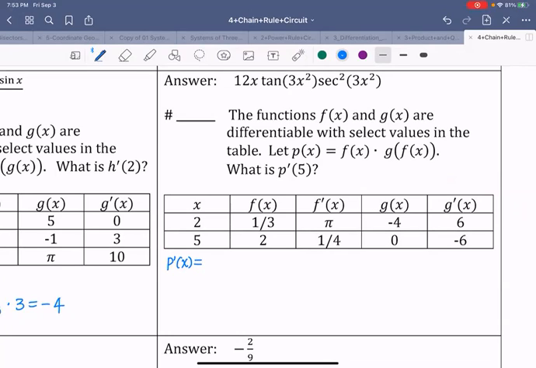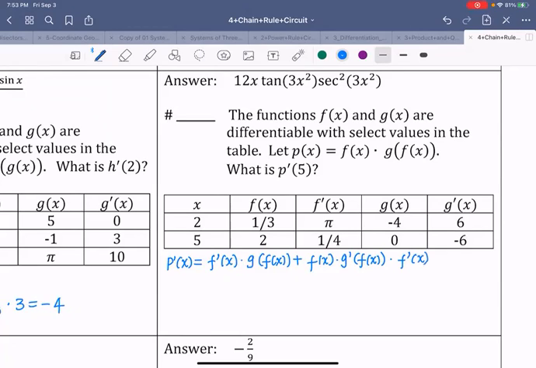So it's the derivative of f of x times g of f of x, and then plus f of x times the derivative of g of f of x, times the derivative of f of x.